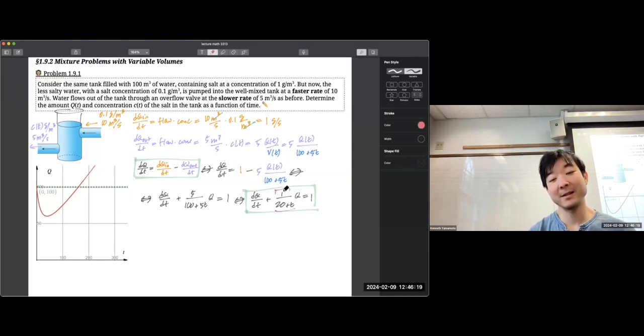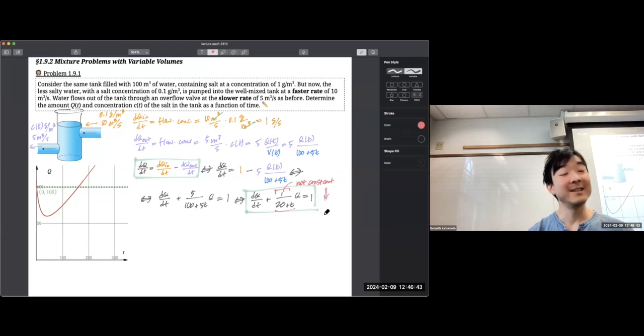This is not a constant. And that wasn't a problem before because our V of t was 100 before, and that's the reason this is not a constant in front of this Q, because we ended up dividing by not just 100, but 100 plus 5t. This is not constant, so you have to use what method?